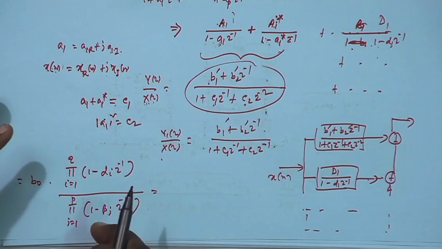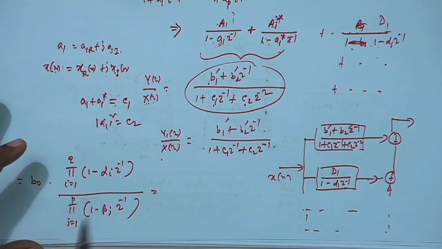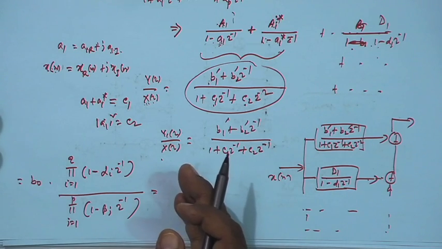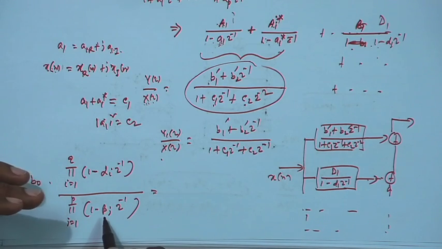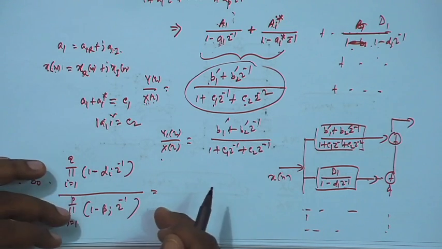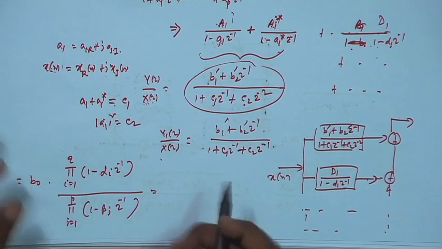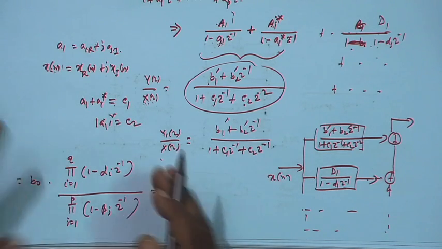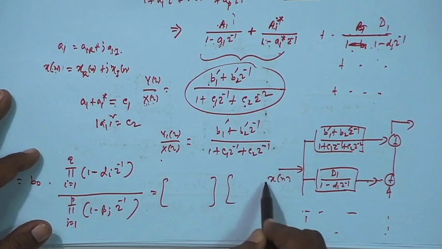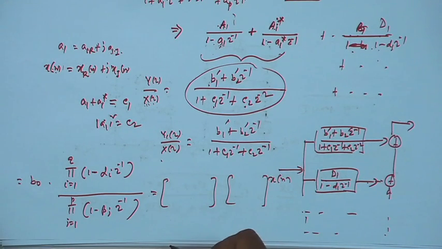Otherwise, if this is real, instead of taking 1, you take 2 at a time. And the order is in your hand, unless you are considering the complex root where you must take its conjugate root, the factor involving the conjugate root, and you can convert into second order forms. So, typically it will be a product of this kind of forms, either second order or maybe first order.